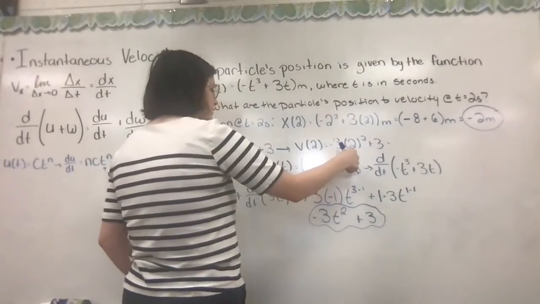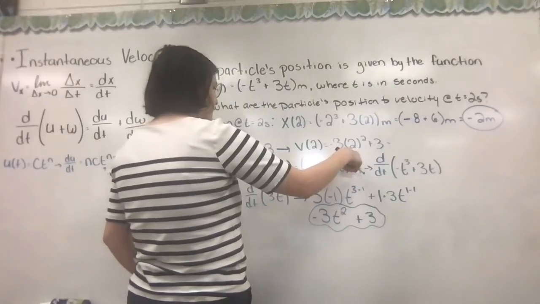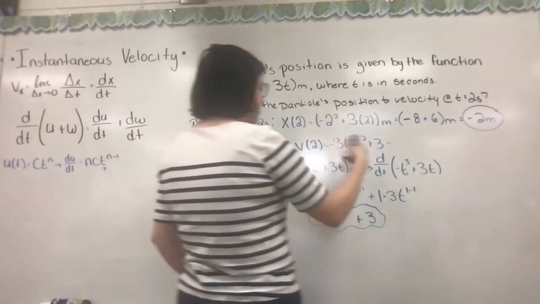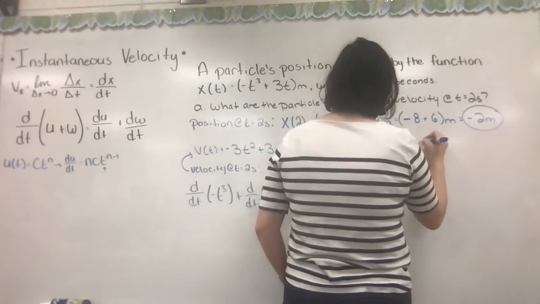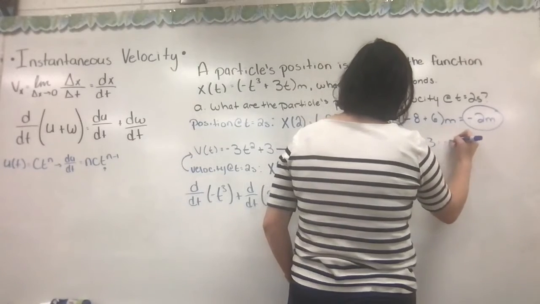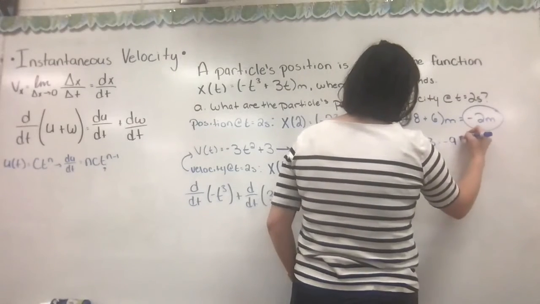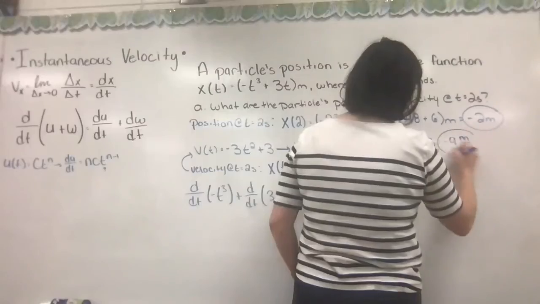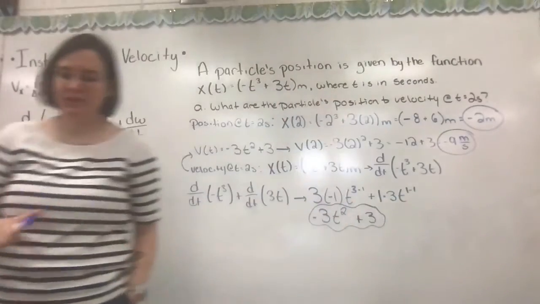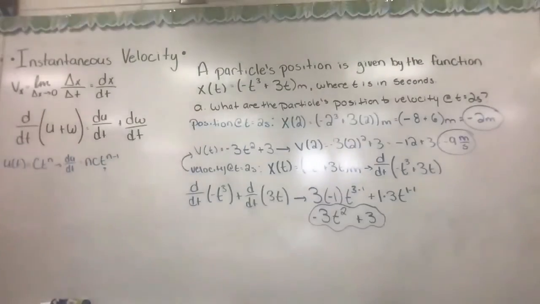So what's 2 squared? 4. What's 4 times -3? What are the units? Meters per second. So at time t equals 2, it's at a position of -2 meters and it's going -9 meters per second.